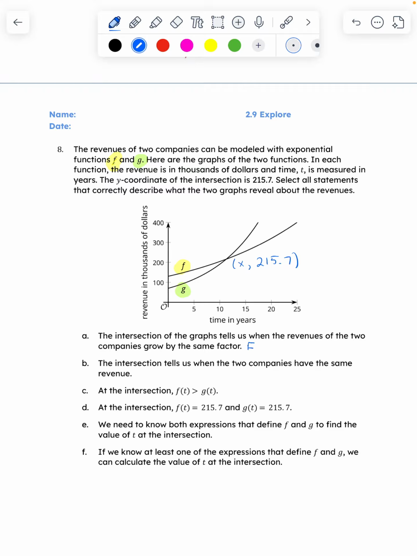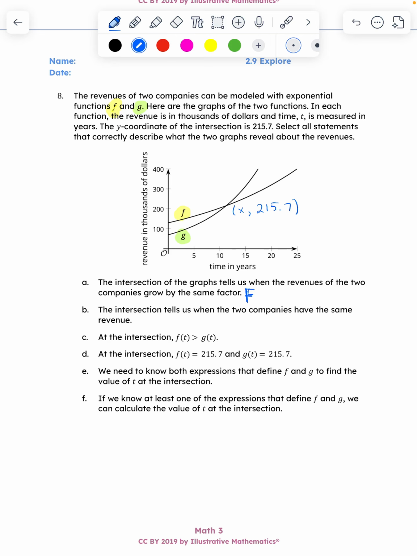The intersection of the graph tells us when the revenues of the 2 companies are the same, which is not the same as them growing by the same factor. When they're growing by the same factor, they're being multiplied by the same term. But here we don't know what they're being multiplied by. We just know that they equal the same thing. They have the same y value, the same revenue at that point in time.